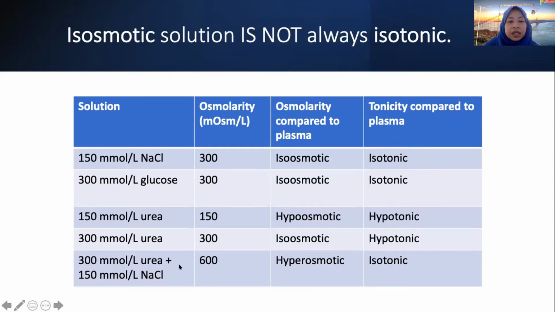Now let's mix some urea and some sodium chloride. You have 300 osmolarity of urea here, and sodium chloride here is also 300. So 300 and 300 is about 600. Compared to 300 osmolarity of the plasma, it is hyperosmotic.